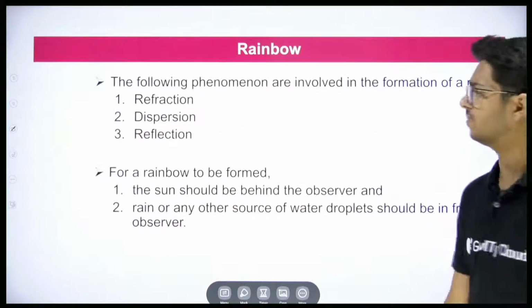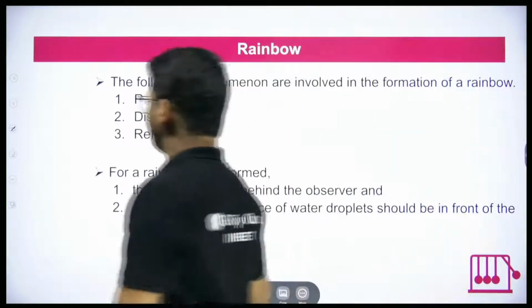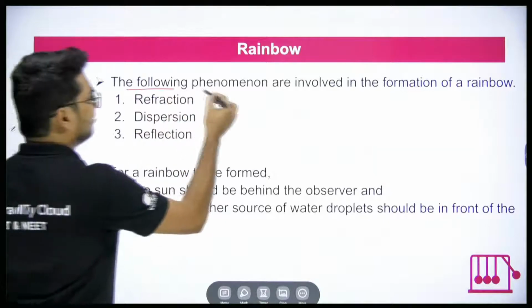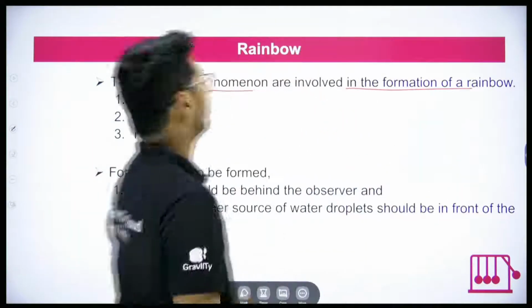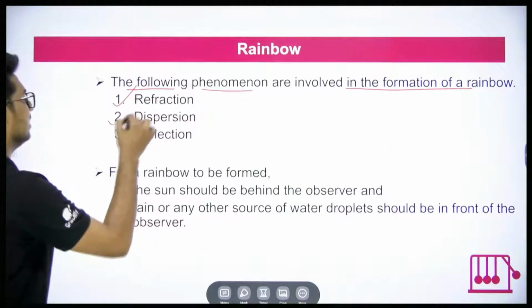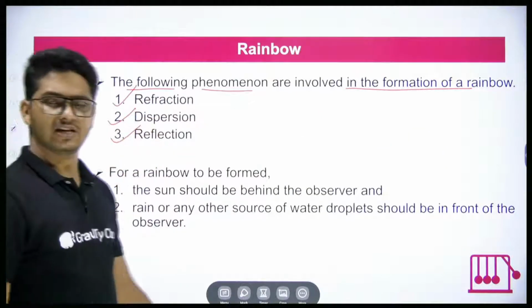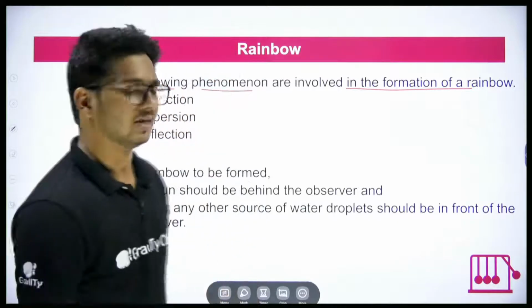Good. Okay. So, a summary of whatever we discussed here. The following phenomena are involved in the formation of a rainbow. What are they? First, refraction is involved, dispersion is involved, and reflection is involved. Those three take place.